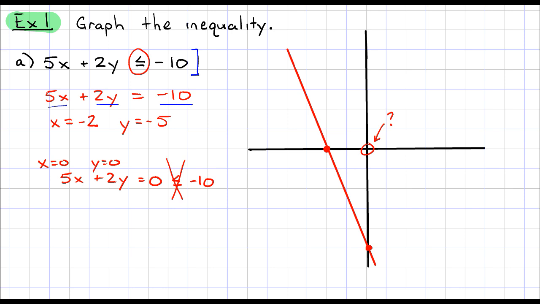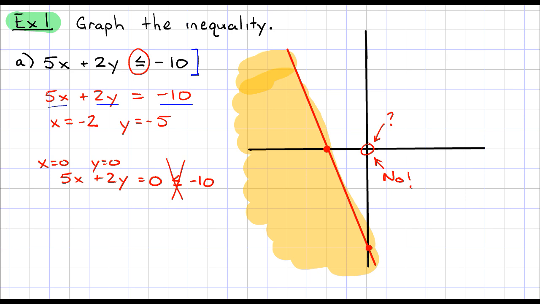So I end up with the inequality not being satisfied at the origin. So that means I do not want the side of the line that contains the origin 0, 0. I want the other side. So I'm just going to shade the other side of this. And that's going to be the graph of my inequality.